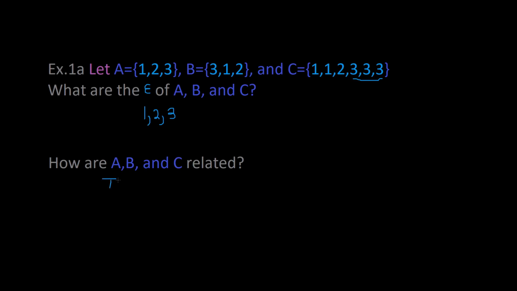So really trivial question. Trivial just means basic, easy. All you gotta say is they have the same elements. And so that's our answer. Really basic. Could be hard if you've never seen this before.